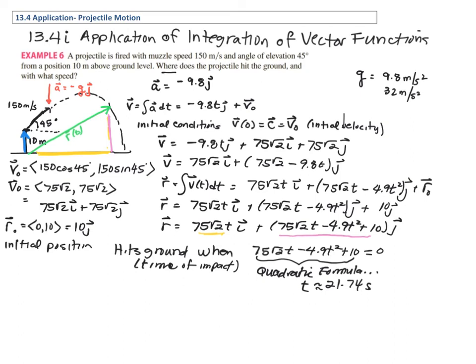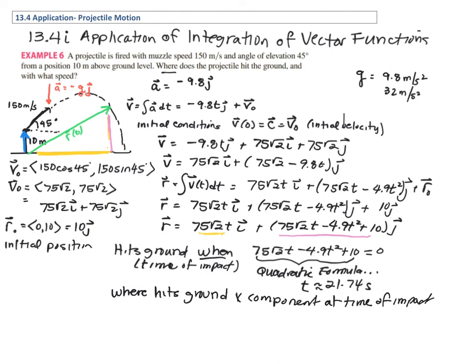Where does it hit the ground? What we want to know is this point right here. That's the x component at the time of impact. So when and where it hits the ground is the x component at the time of impact.